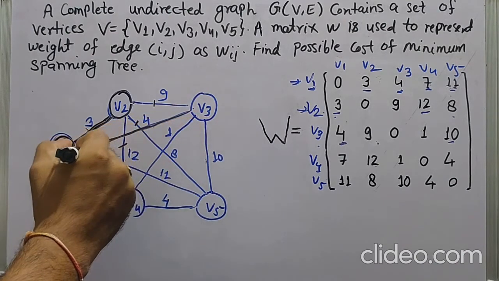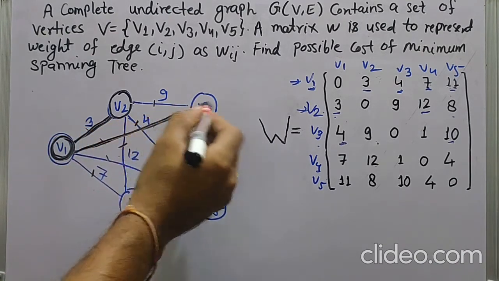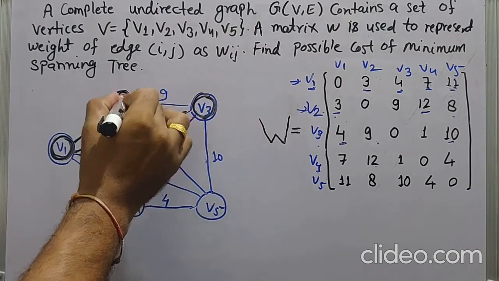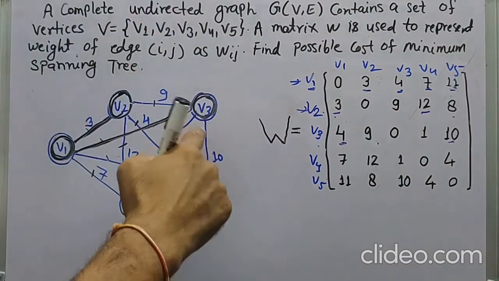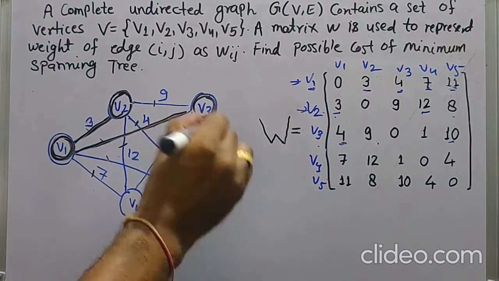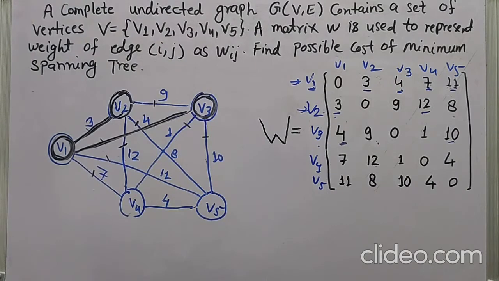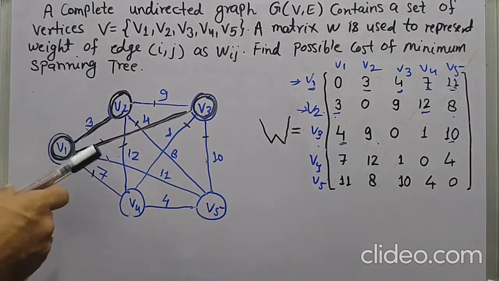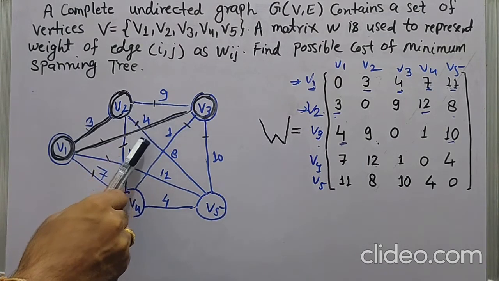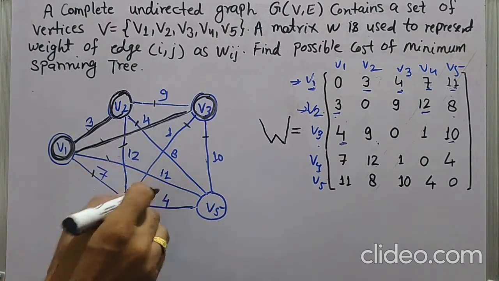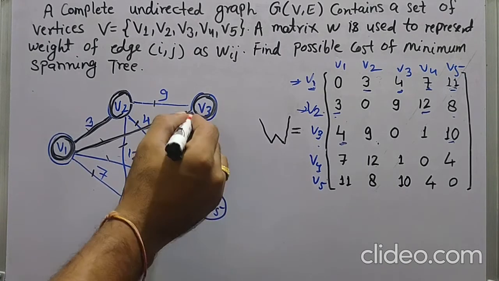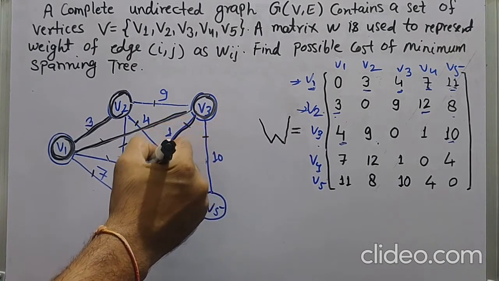Now you are processing node V3. Take all the adjacent edges of V3, and consider these two also. The values to be considered are 9, 8, 12, 11, 7, 1 and 10. The minimum value is 1.